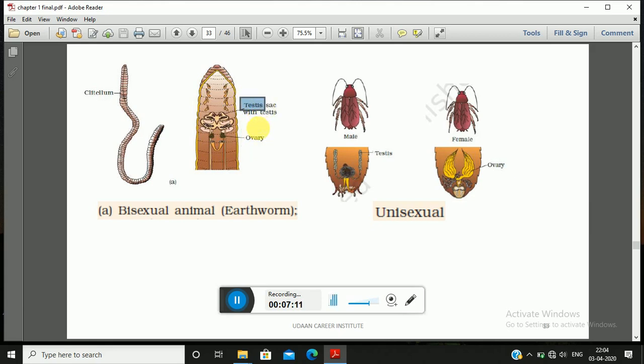Both reproductive organs are present in the same animal. Here is an example of a unisexual animal, the male cockroach and female cockroach, where the male cockroach has testis as the male reproductive organ and the female cockroach has paired ovaries, which are considered the female reproductive organ.